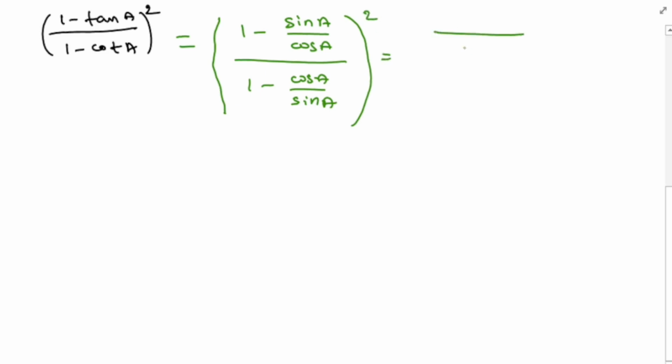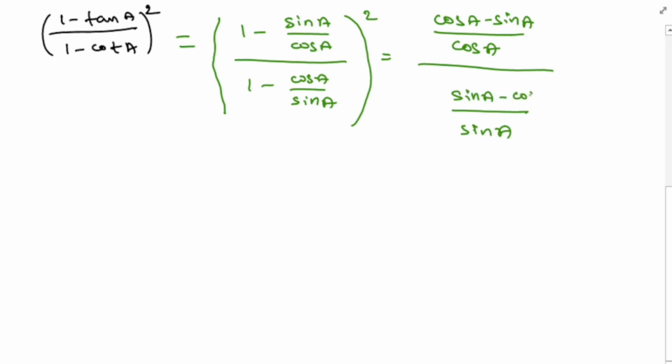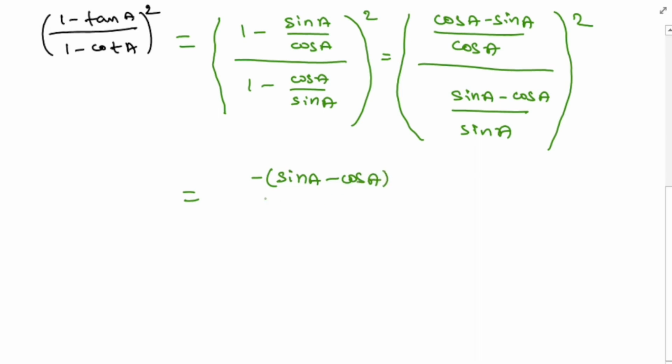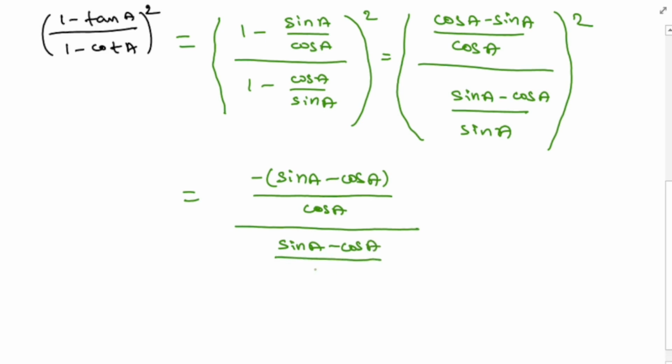In the numerator, cos A is LCM: cos A minus sin A whole divided by cos A. In the denominator, sin A is LCM: sin A minus cos A whole divided by sin A. Take negative sign common in the numerator, it becomes sin A minus cos A divided by cos A, whole divided by sin A minus cos A divided by sin A.